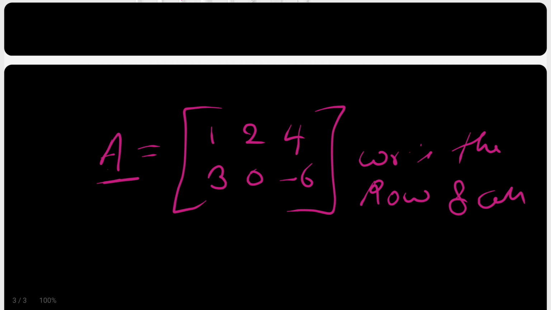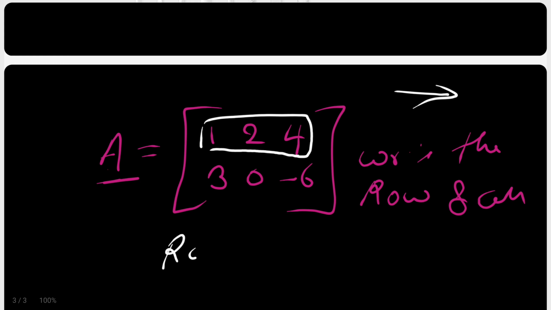Okay, let me introduce here. So row means like that, going that way. This is our row, so we can write row here. Row is 1 2 4. This is a row. Then what is this? This is also going that side.